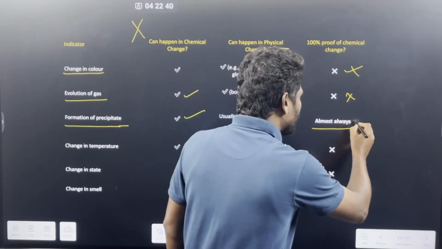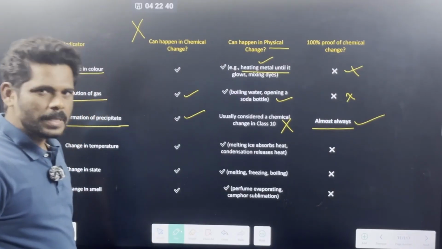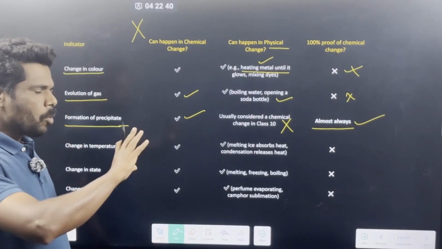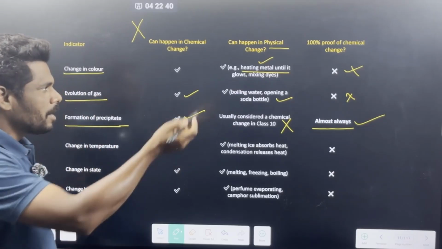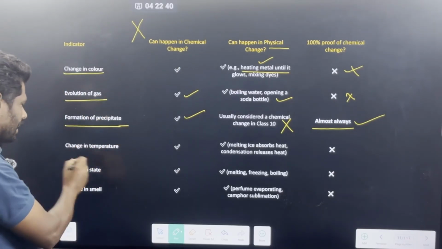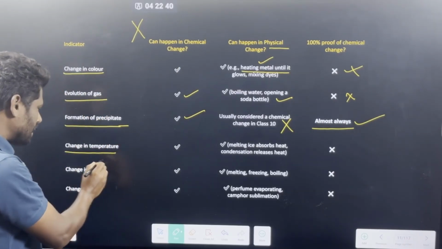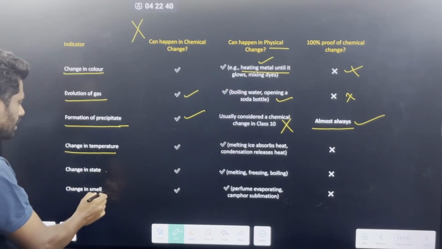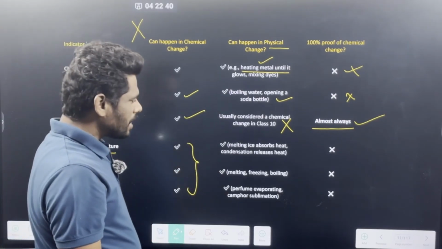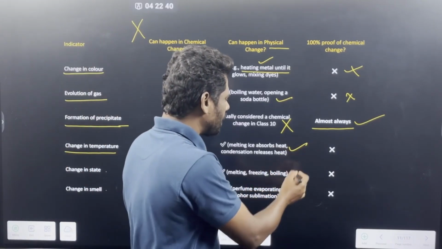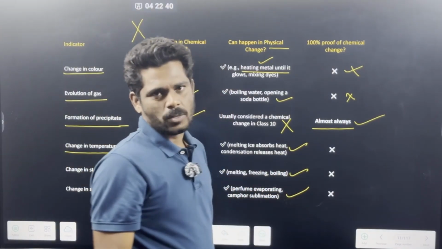So you can depend on the formation of precipitates. This is the most reliable hint where you can confirm a given change as a chemical change, but you cannot depend on any other indicators. Why? Because even change in the temperature, change in the state, change in the smell, these may happen in a chemical change, and in fact these may happen in a physical change as well.